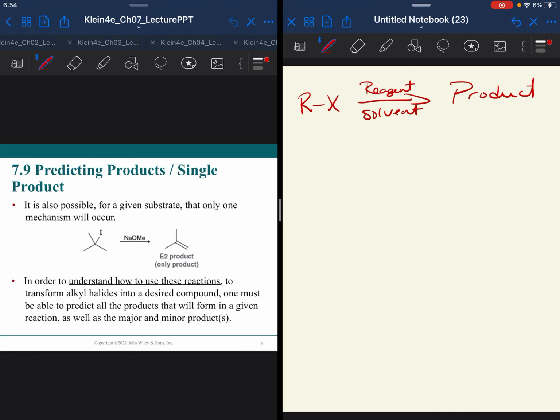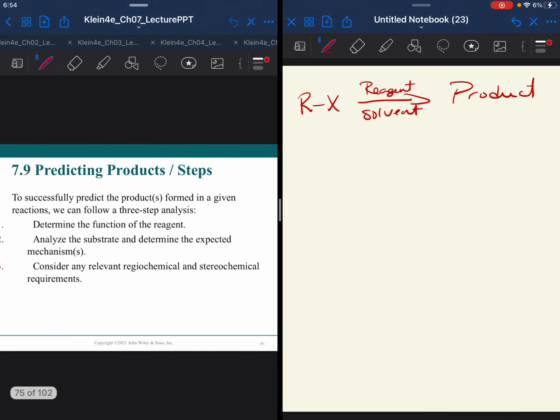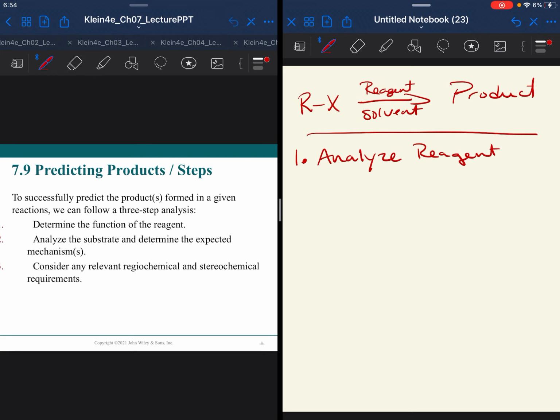And one of the reasons why this is such a great textbook is Klein is very good at strategy. And so let's talk about how we're going to approach these problems. One, you need to analyze your reagent. You need to decide if it is strong, if it is weak, if it is a nucleophile, if it is a base. And there's a chart that I've sent to your email, and it is on eCampus, and we are going to go through it here, that you need to commit to memory so that you can do number one.